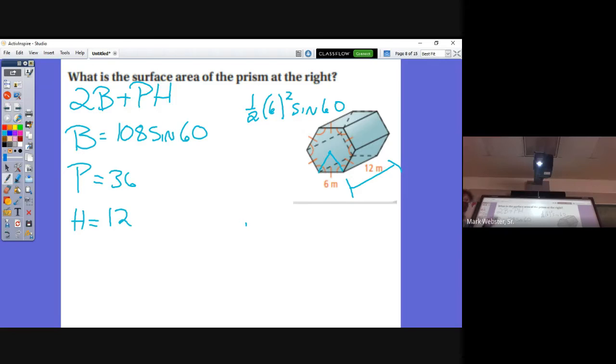I know how to leave things in simplest pre-calculator form, and I'm okay doing the almost algebraic manipulations that you have to do to deal with that. So I leave it like that because, for me, that's the path of least resistance.